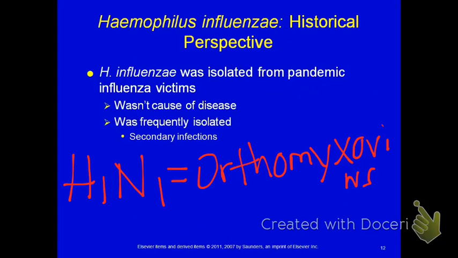It's viral. Hemophilus is bacterial. So that's the reason why it was named Hemophilus influenzae. Hemophilus doesn't cause influenza. It just so happened that this type of bacteria is most commonly isolated from victims of influenza because of secondary infections. I hope that's clear.